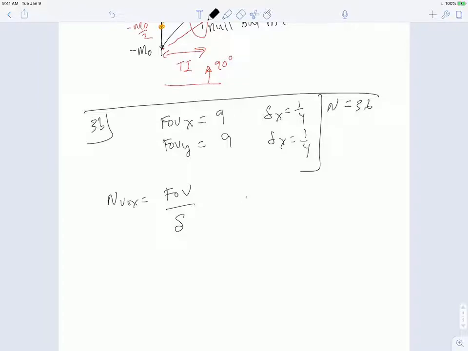And then the number of k-space samples, at least the way we're doing it, is W_k over delta k. But W_k just equals 1 over delta x, and delta k_x just equals 1 over FOV, so that just gives you the same thing, right? So for these very simple examples, these two things are equivalent. That's why you can do the sanity check.